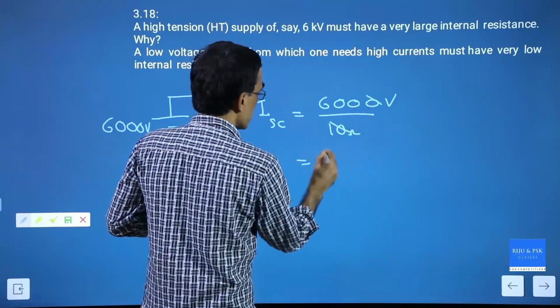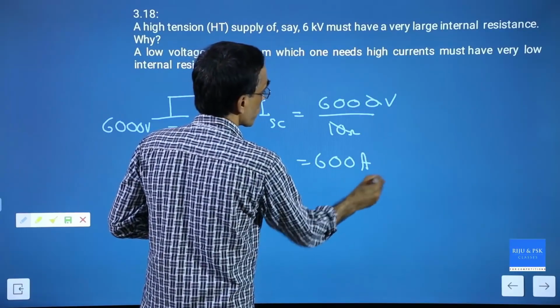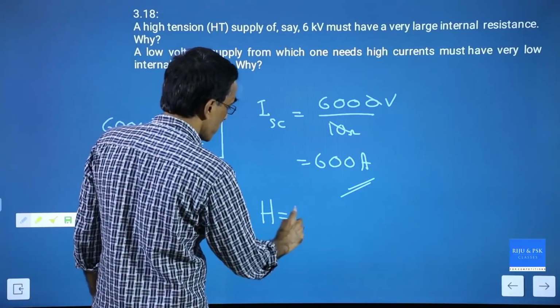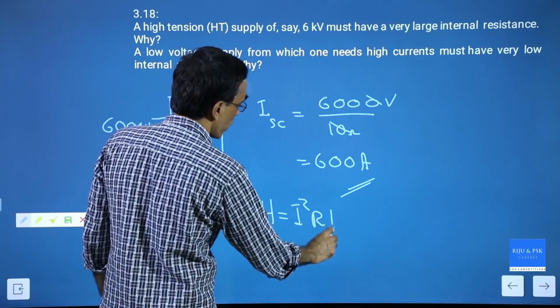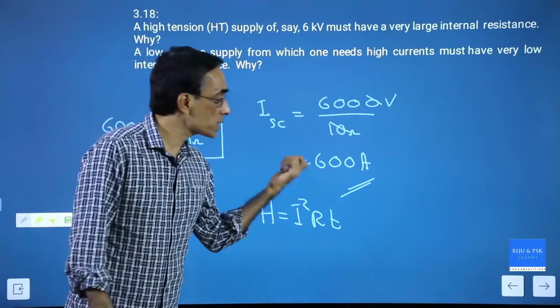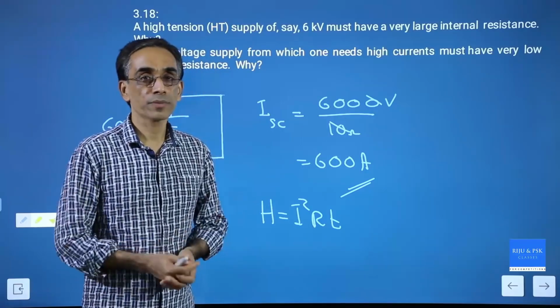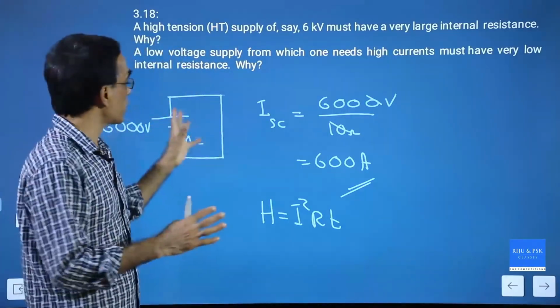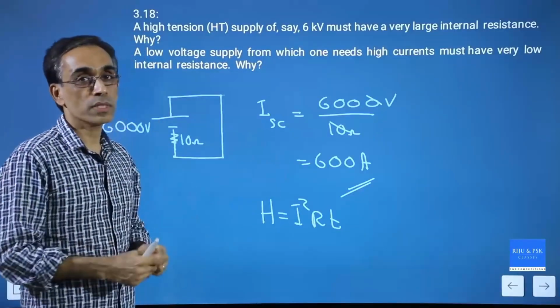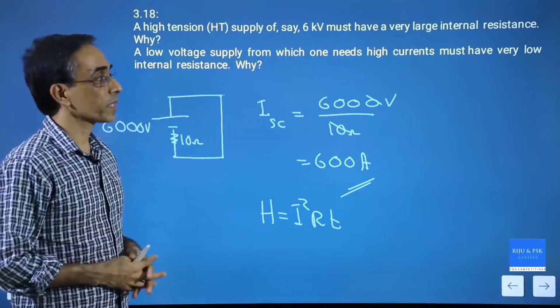This will give you 600 ampere of current flowing. And you studied in 10th standard that the heat generated is always I square R T. Heat generated is proportional to the square of current. So if you square 600, you get a huge value. That means a lot of heat will be generated in the cell and the cell will there and then die. It will burn out. It can explode. It can cause fire.